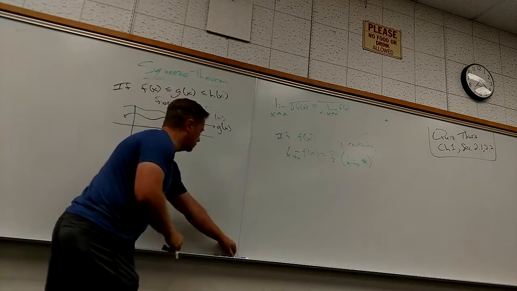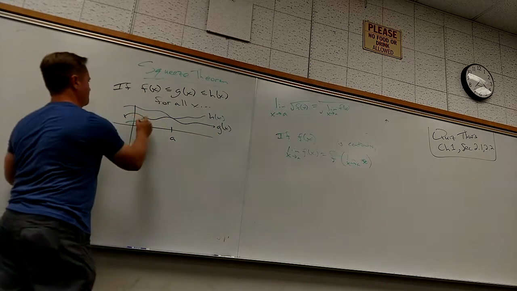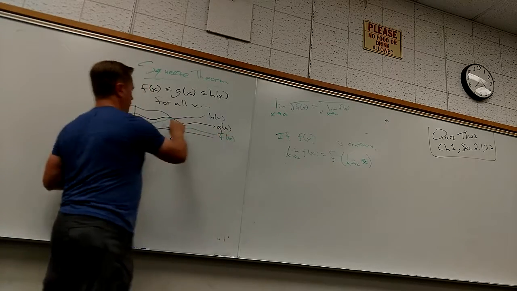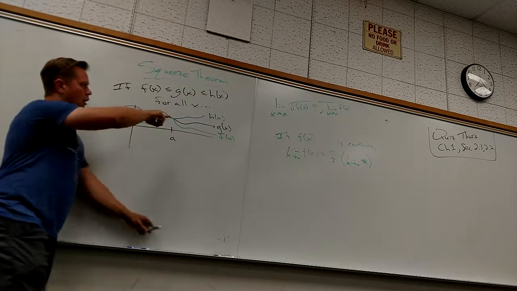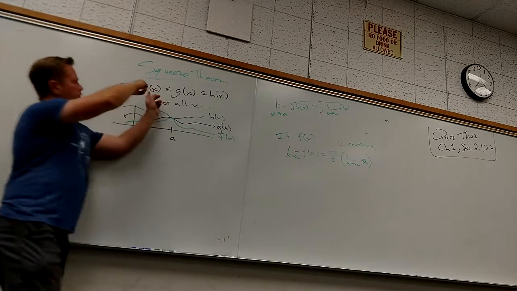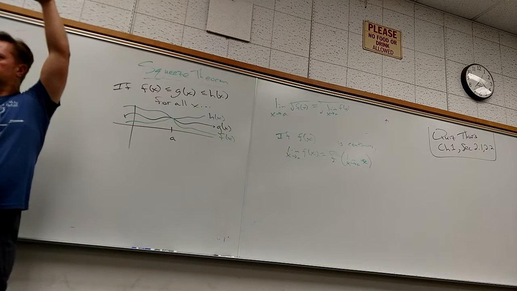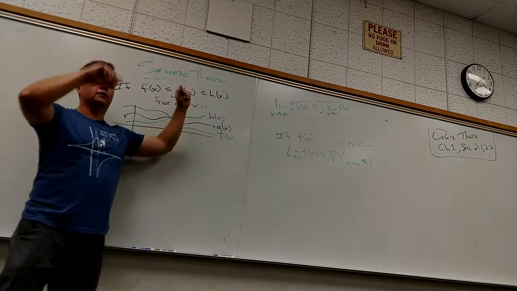We'll call this an h. This one will be f. It's very important to get this idea right. So g is always in between f and h. f is like the floor, h is the ceiling. f for floor, h for high.